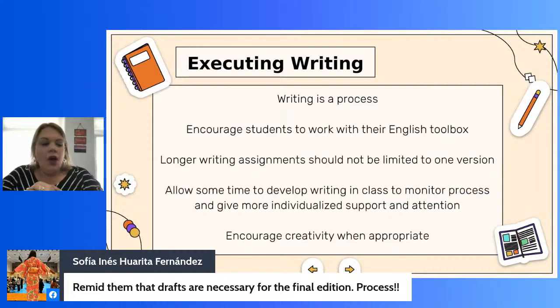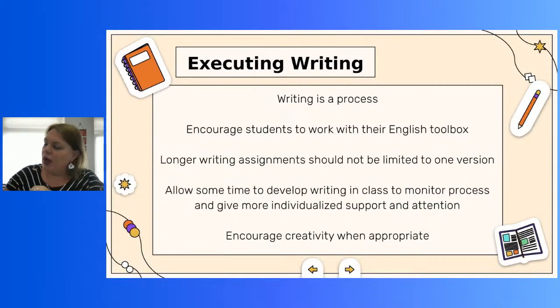Okay. Also, I want to mention, to encourage students to work with their English toolbox. What do I mean by their English toolbox? I mean the grammar and vocabulary that students have within their grasp of English, right? So let's give an example here.